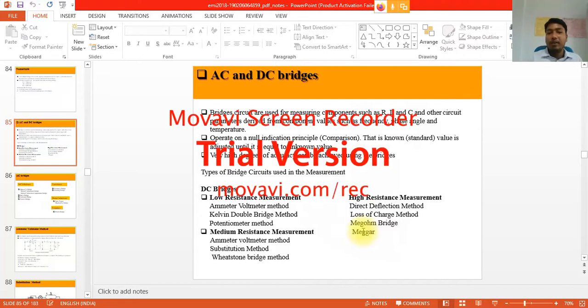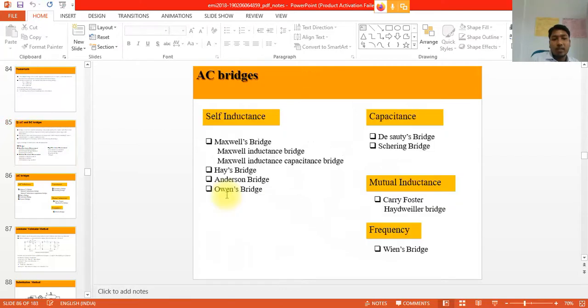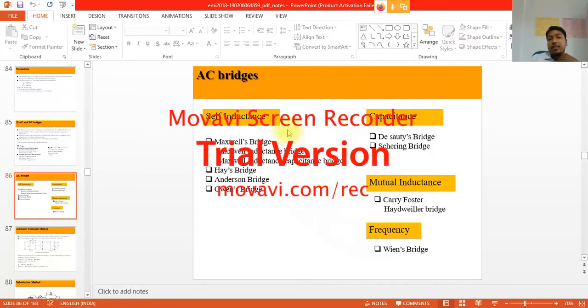I hope everyone has understood low resistance, medium resistance, and high resistance, and the methods used to measure resistances. Now we are going to learn the methods for the measurement of inductances, capacitances, and frequency.